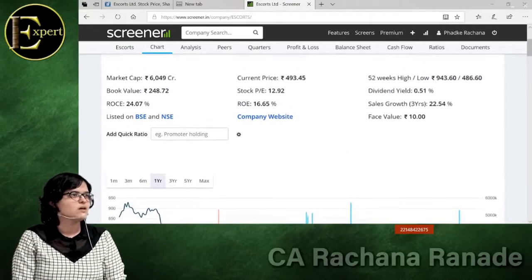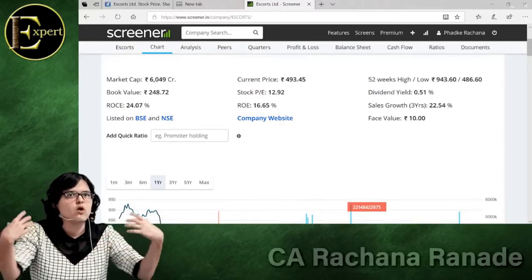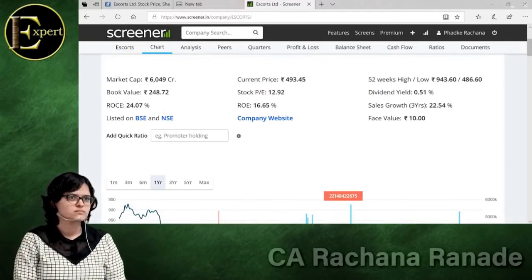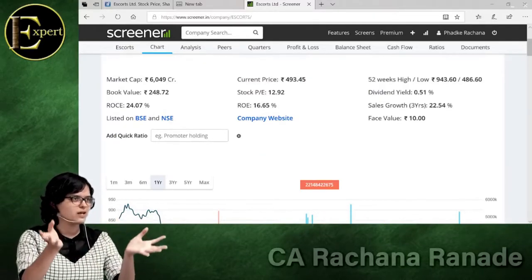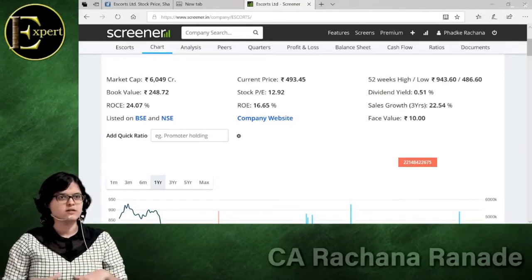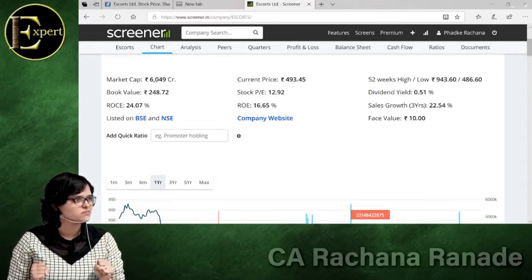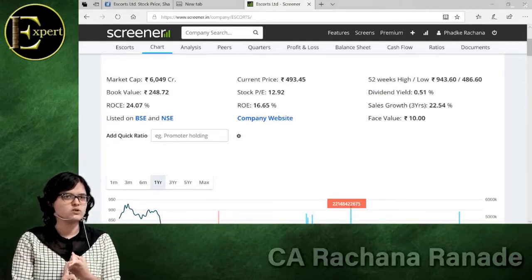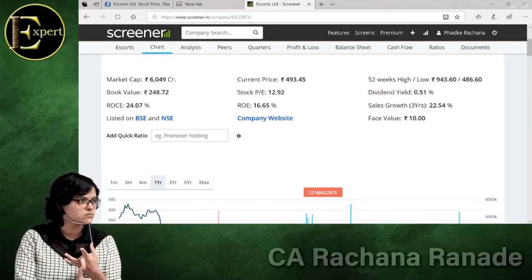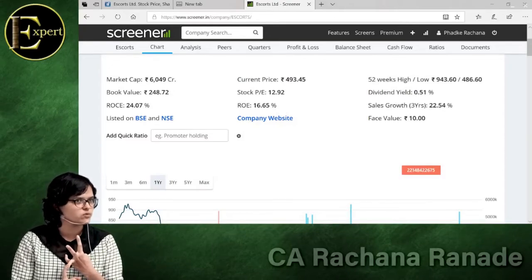Search some company which you want us all to analyze in the class. I can't take everyone's companies, but at least we'll try to analyze 5 companies tomorrow in the class. When we do an analysis together, then you will get better confidence. So tomorrow: inventory turnover ratio, then one valuation model, and at least 5 companies on screener is what we'll plan. Okay, I'll see you tomorrow.